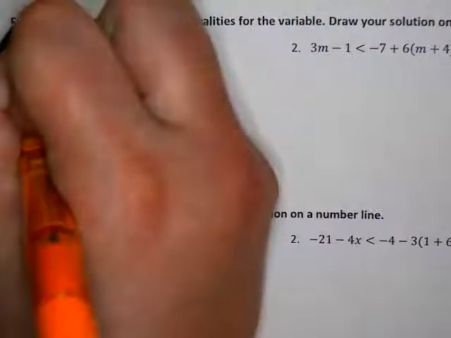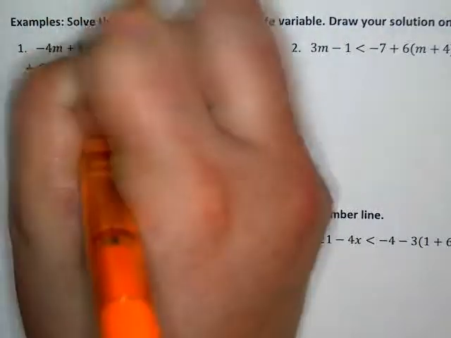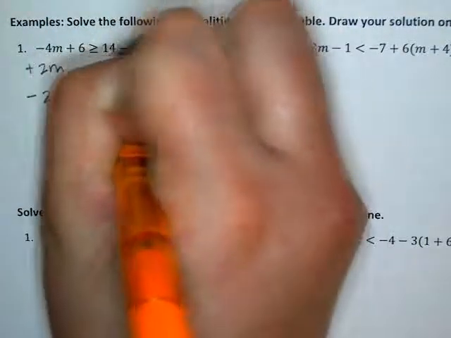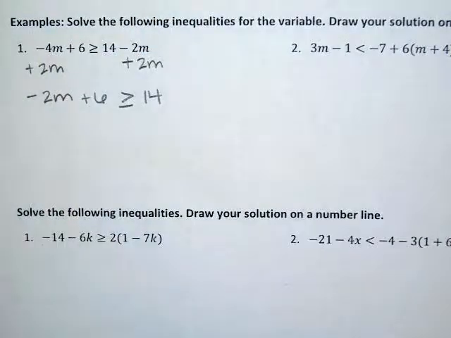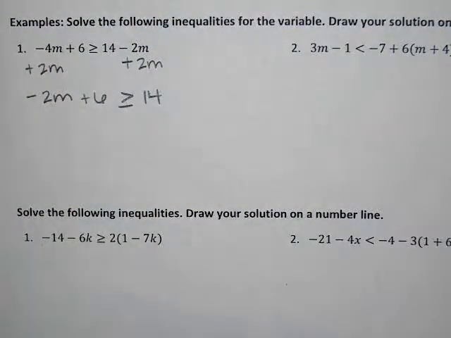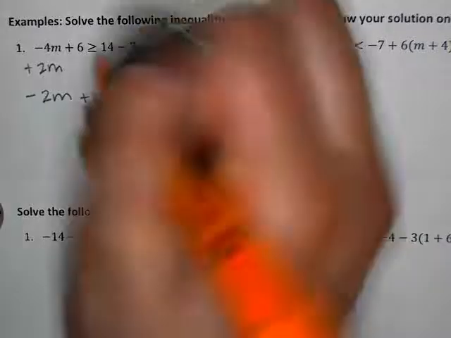So we have -2m plus 6 is greater than or equal to 14. And then what would you guys do next? Subtract the 6. Yeah, subtract the 6.